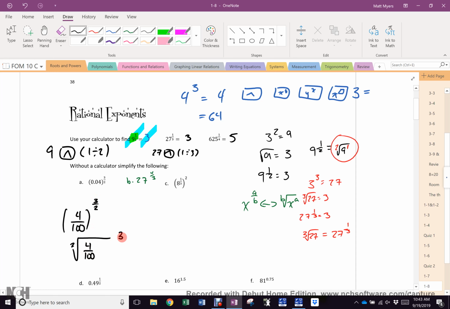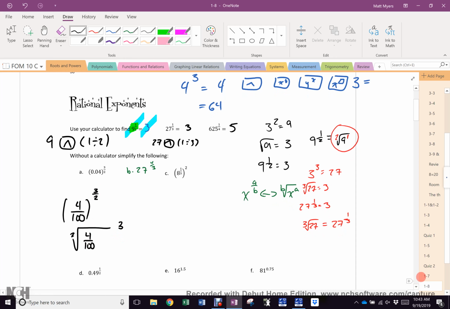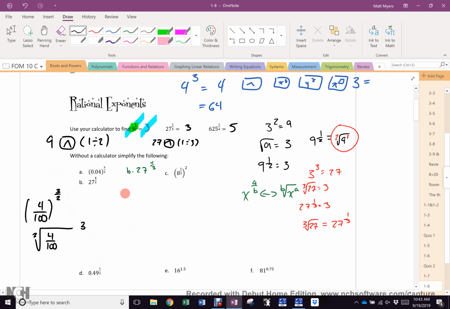Everybody cool? Now, you're intelligent young people. What's the square root of 4? 2. Hold it. I'm just going to slide this over because I'm going to get in the way of my B. The square root of 4 is 2, correct?